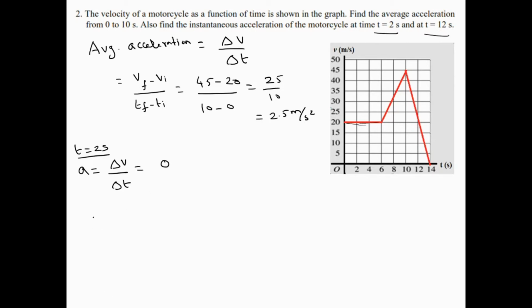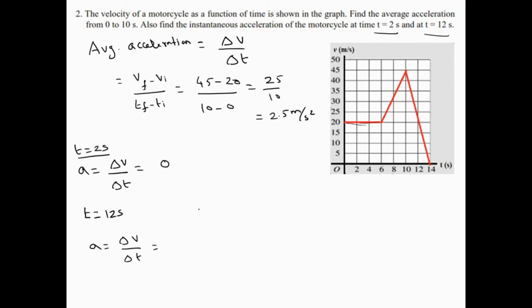And the answer for the second part, at time t equal to 12 seconds, we have a straight line, because you can see here, for 12, we have this straight line. You can choose any 2 points, and I can just take the highest and the lowest value. So the acceleration is again delta v, the slope, over delta t.